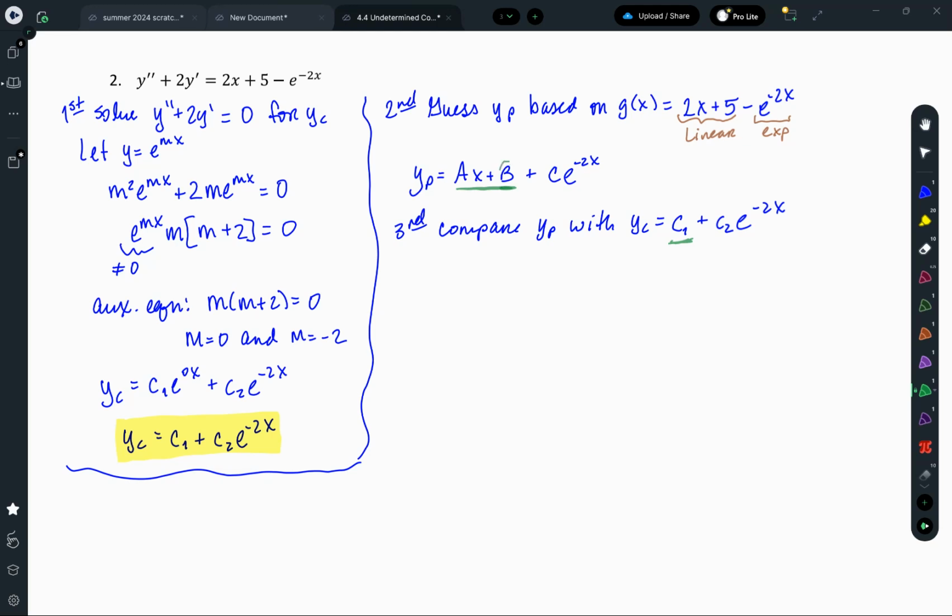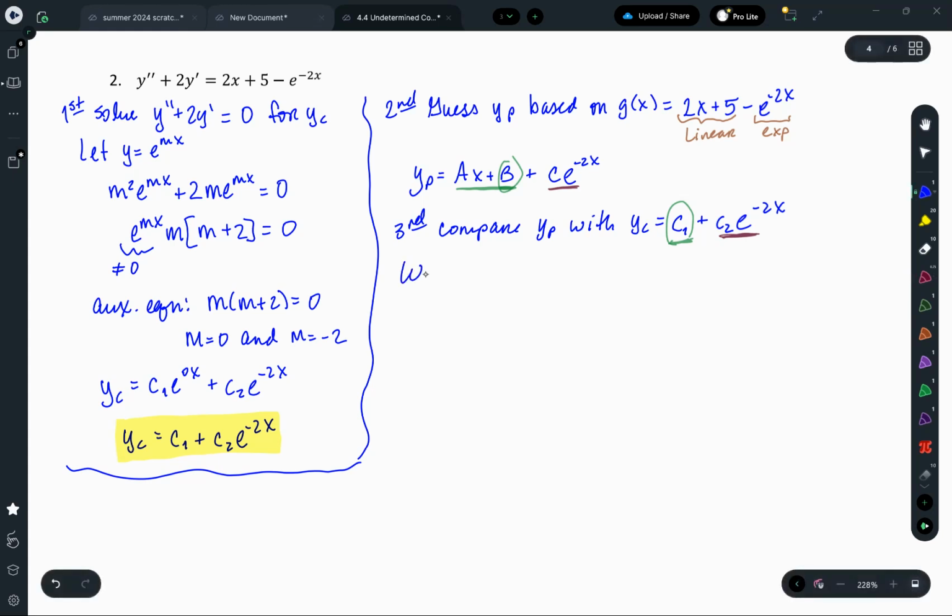But it's really the b that's showing up that's the same as the c1, okay? Then I'm looking at this c2 e to the minus 2x and noticing that in the particular solution I made a guess of c e to the minus 2x. So it looks like I need to fix both of the particular solution parts.